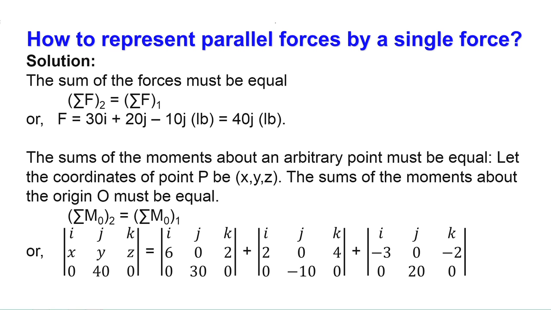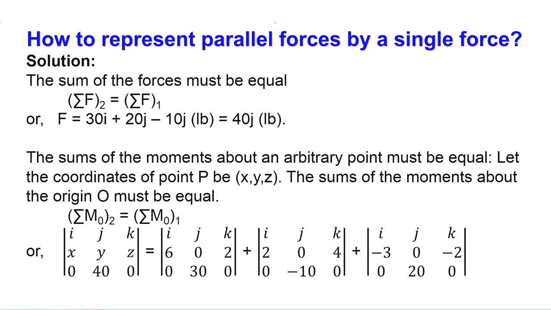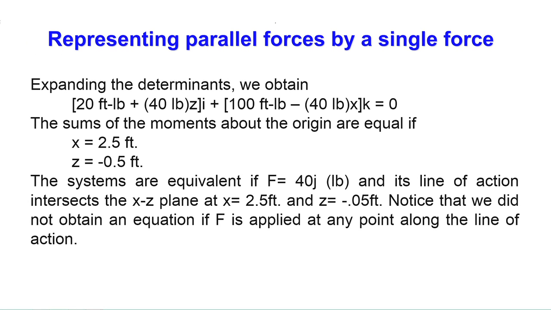For the first system, we know all the coordinates. So, r cross F in vector form, with i j k, 6 0 2. If we put all these things in and simplify the equation, we can find x and z, because as it is in the xz plane, y is automatically 0.